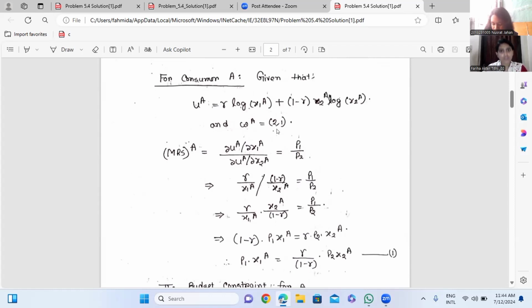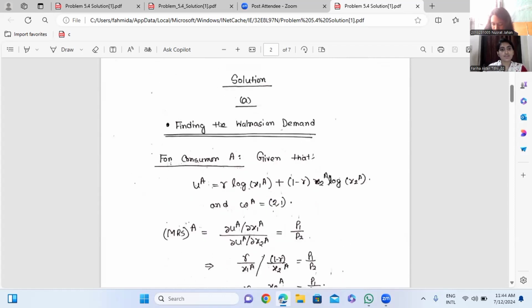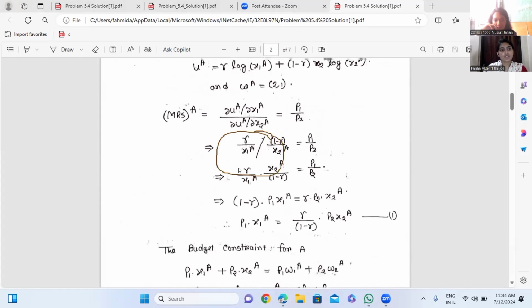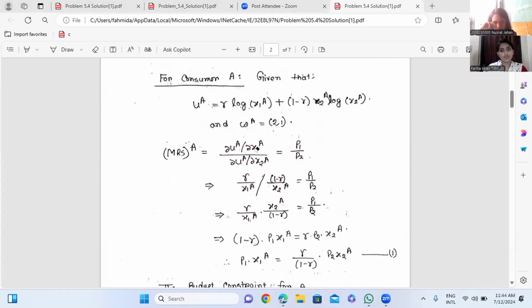So first part for consumer A, we are deriving the Walrasian demand for consumer A. From the utility function, we can derive the marginal rate of substitution by using this formula. This is the formula of marginal rate of substitution for A. Putting this function into this formula, we can derive the marginal rate of substitution for A, which is gamma divided by x1A over 1 minus gamma divided by x2A.